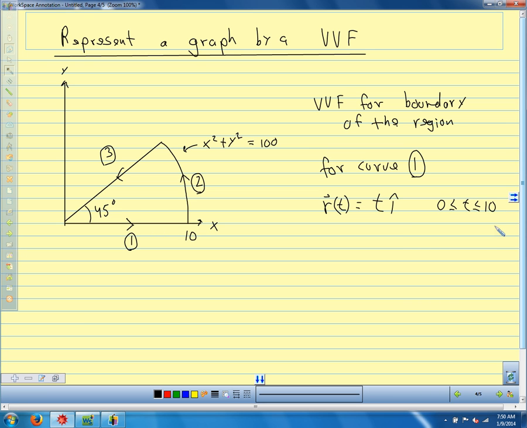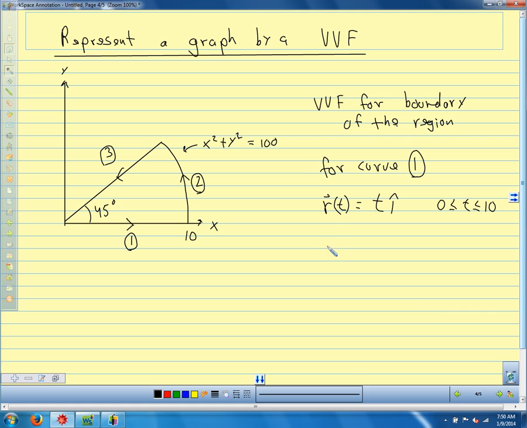Why do we put in that interval for t? Because this curve goes just from 0 to 10. So along this curve, x is varying from 0 to 10. So I'm just going to say r of t is t i for 0 less than or equal to t less than or equal to 10. Pretty easy.